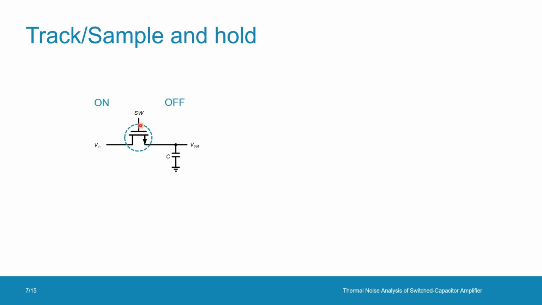The transistor is switched on and off periodically. Here we model the transistor as an ideal switch in series with a resistor R, representing the transistor on-resistance when working in the linear region. Ideal switch means zero on-resistance and infinite off-resistance.